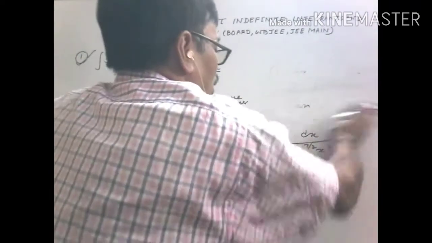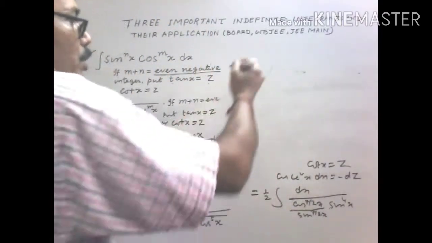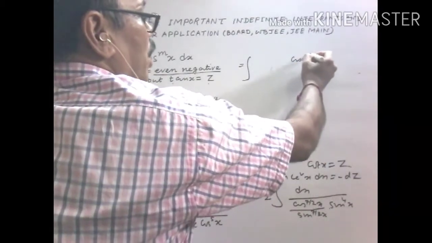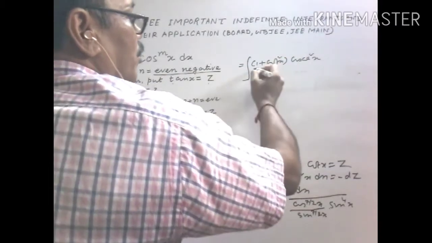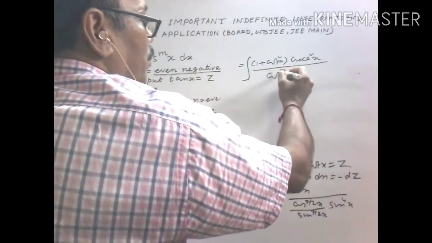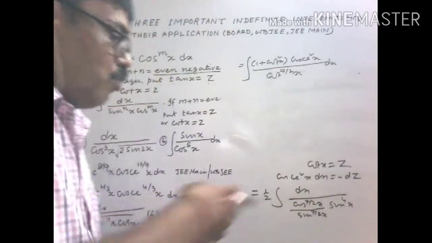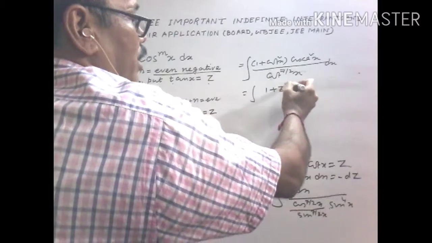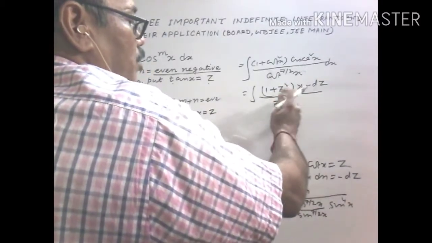Now look, this one is cosec square x, and 1 cosec square is 1 plus cot square x, by cot to the power 7 by 2 x dx. Now put the value of cot x equals z. So 1 plus z square into minus dz by z to the power 7 by 2.